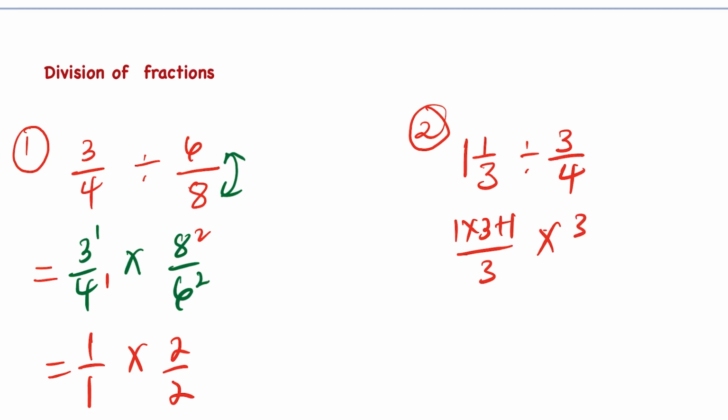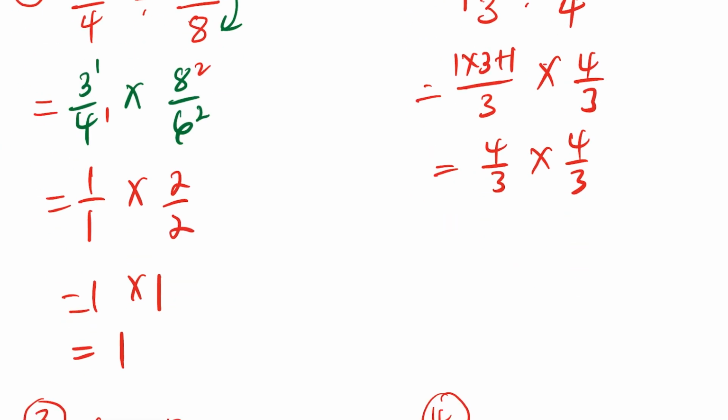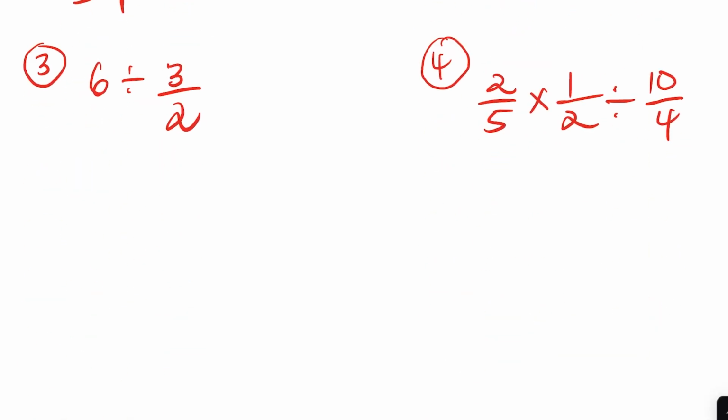It's going to be 4 over 3, and then that is going to be 4 over 3 times 4 over 3. So this is going to be 16 over 9, which comes from 4 times 4 and 3 times 3, right? That'll make 16 over 9, and then you leave it like that.